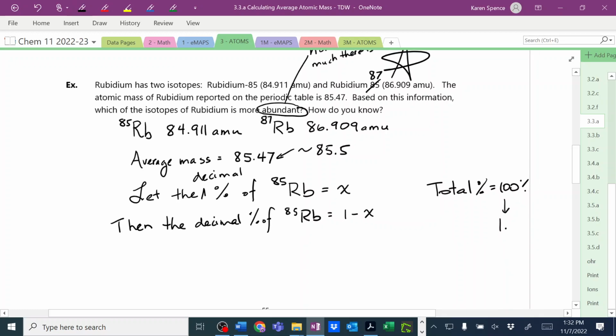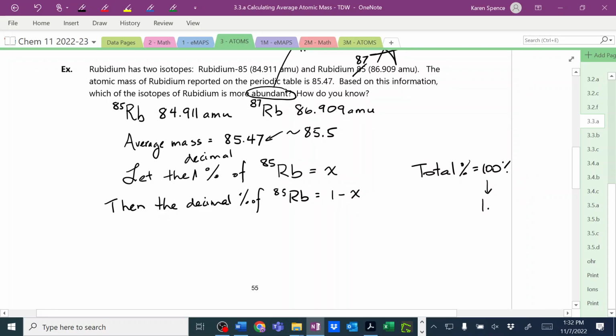Yes? And so now we can say we have our average mass, which is 85.47, that's going to be equal to our decimal percent of rubidium-85, which has that mass.